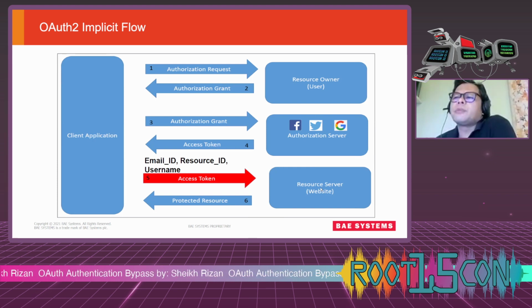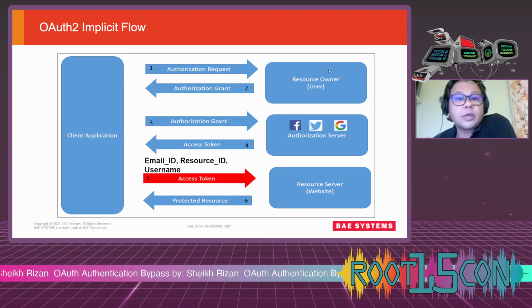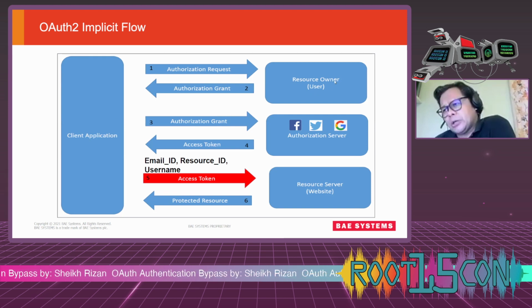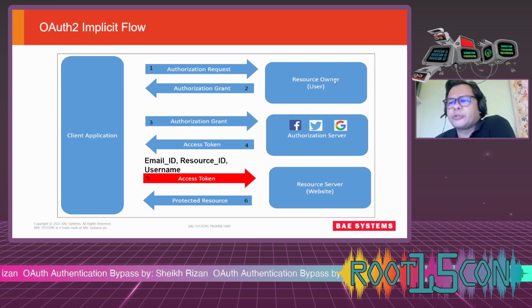To put things into perspective, the resource owner is usually the user, like you and me, someone who would like to log into a website by logging into the client application. In this case, the client application is the website. Let's assume for a second that we are trying to log into website abc.com. A user would usually submit a username and a password, and the authorization grant will happen.